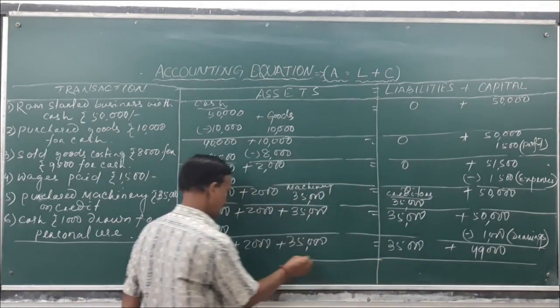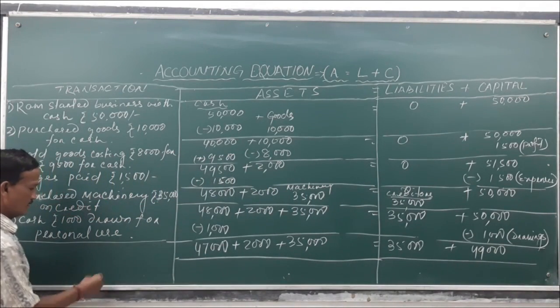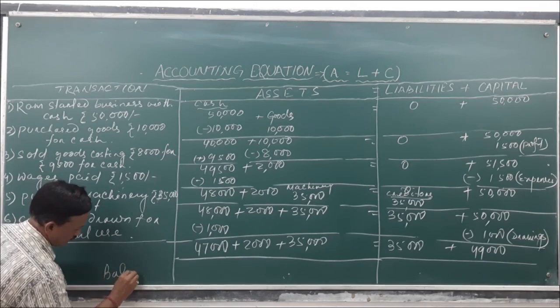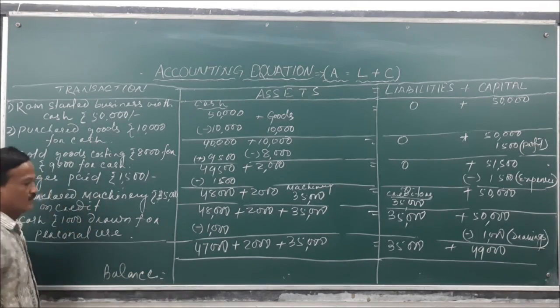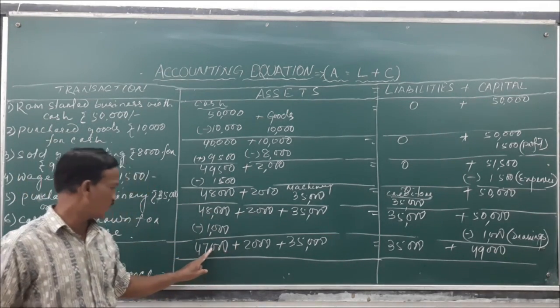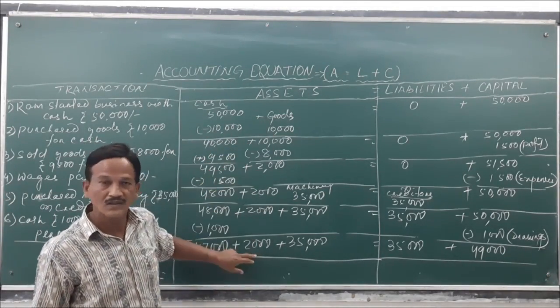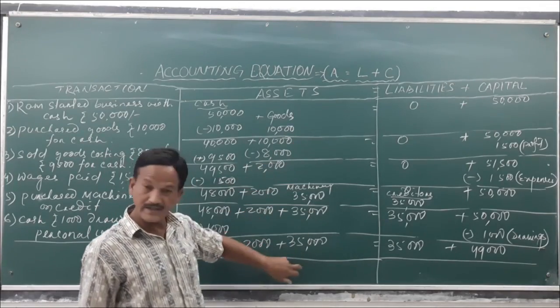So this is the balance. This is the total assets: 47,000 cash, 2,000 goods, 35,000 machinery.